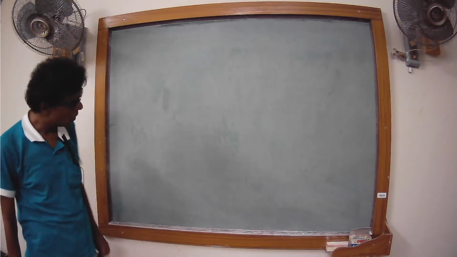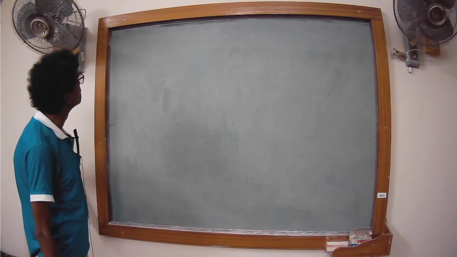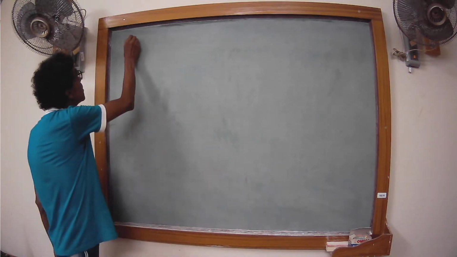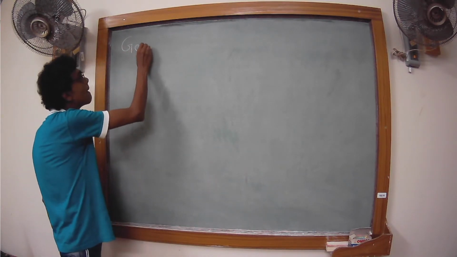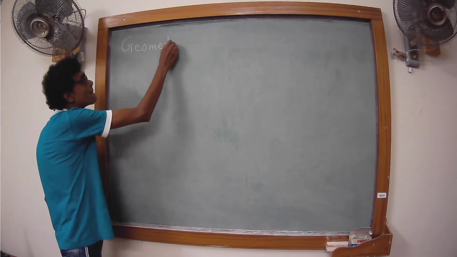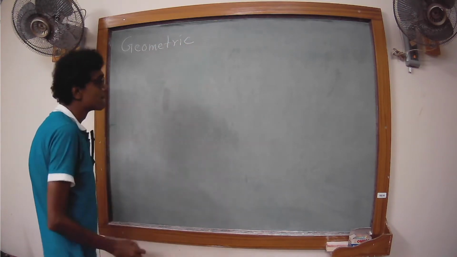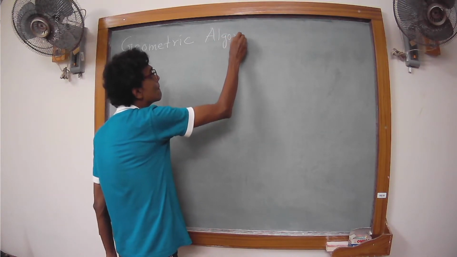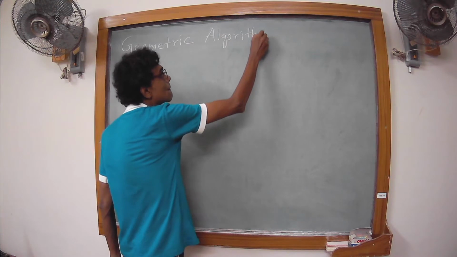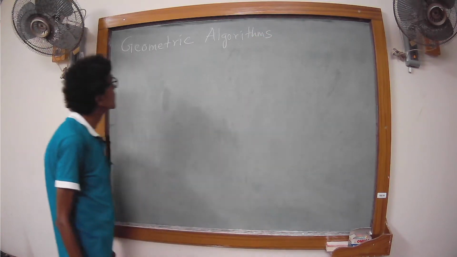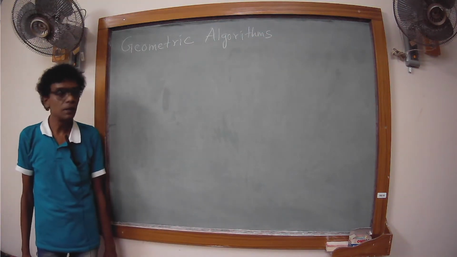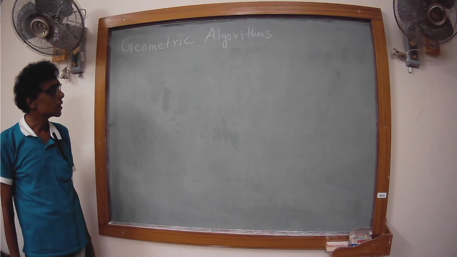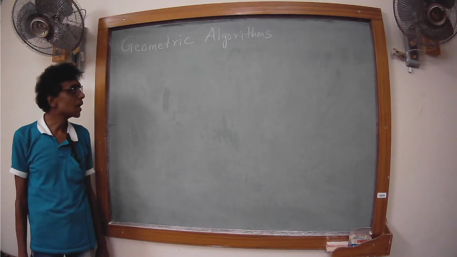Anyway, so I will start with a new topic, that is geometric algorithms. You have seen a kind of analysis technique called amortization, and you have also seen graph theoretic algorithms.